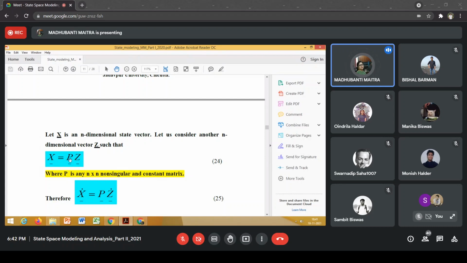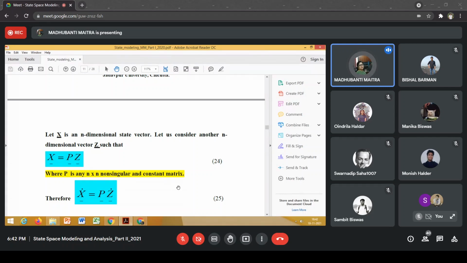So naturally, P is a matrix having a dimension n by n. This is a column vector having a dimension n by 1. This is another column vector, a different set of state variables having a dimension n by 1. Hence, P will be a matrix having a dimension n by n.